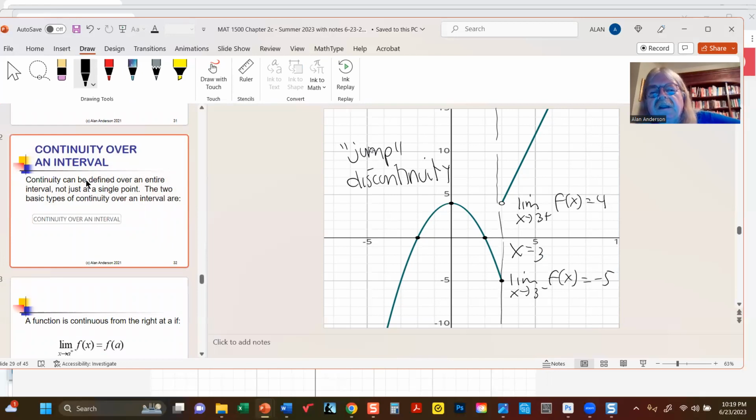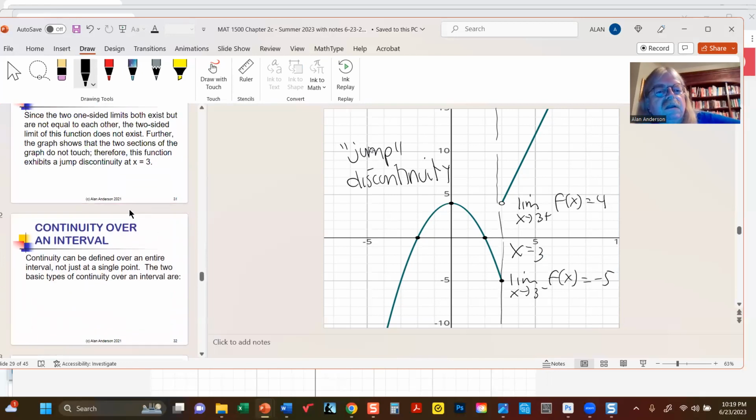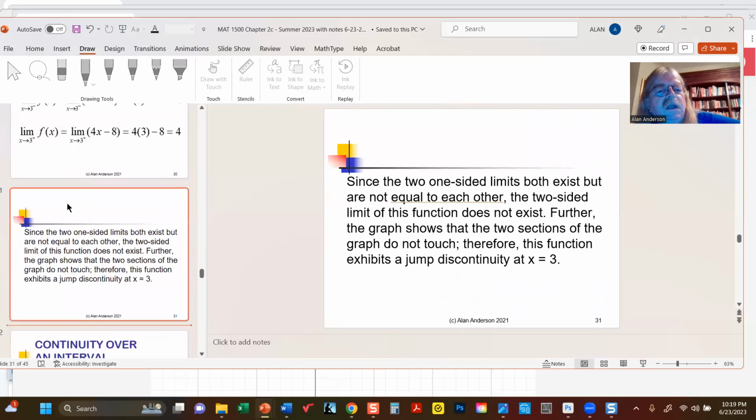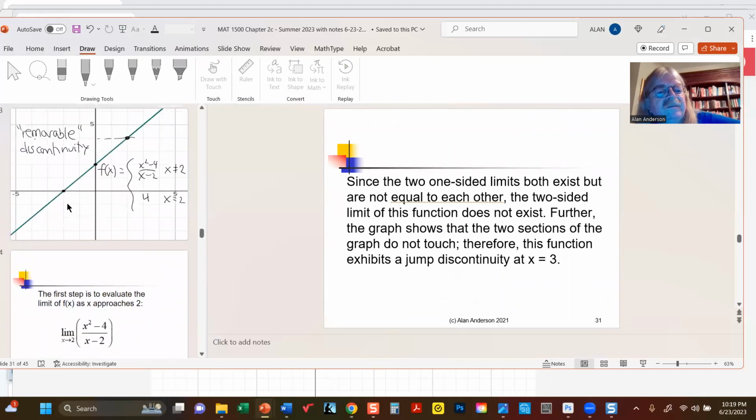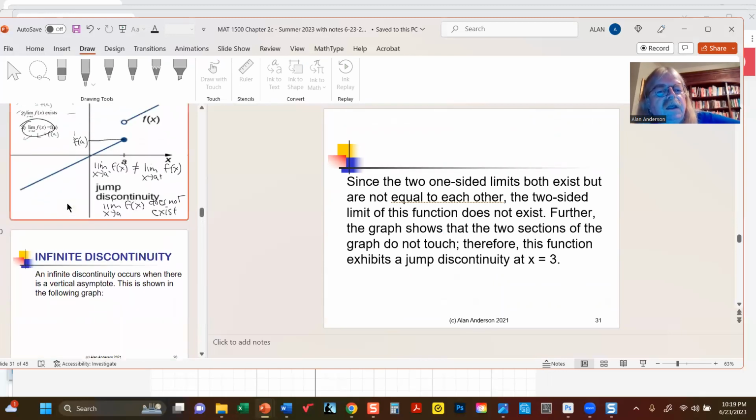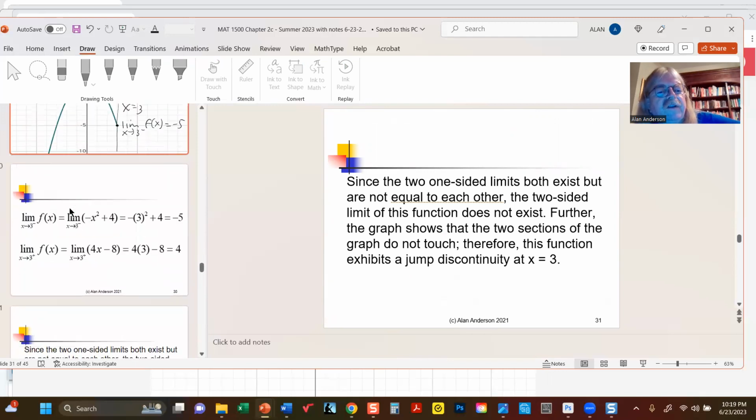Okay. And you can imagine that the third type, the infinite discontinuity, it would be easy to find examples of that.